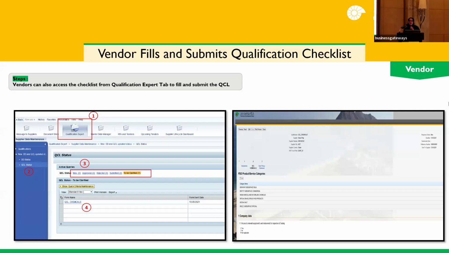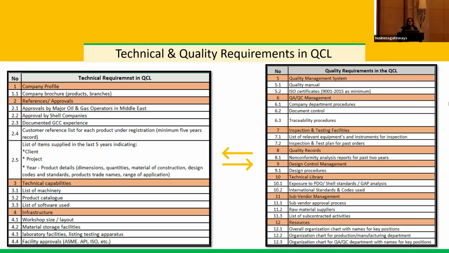This is part of the technical and quality qualification. Our quality team will review his submission, and once they approve it, it will go automatically to our technical team for their review.